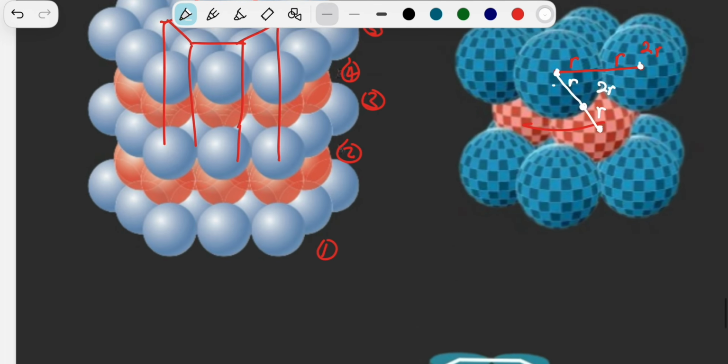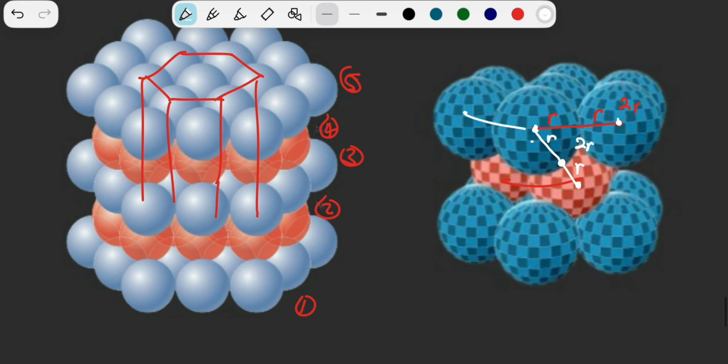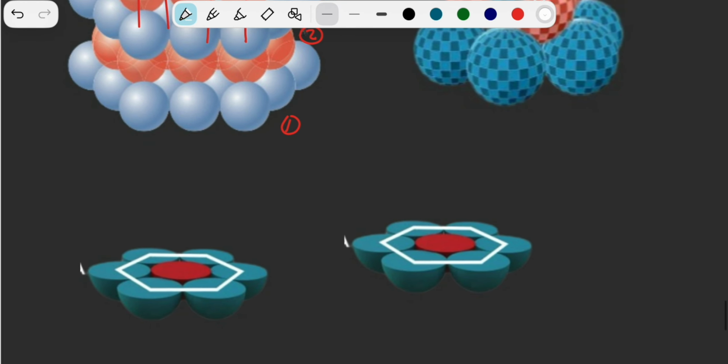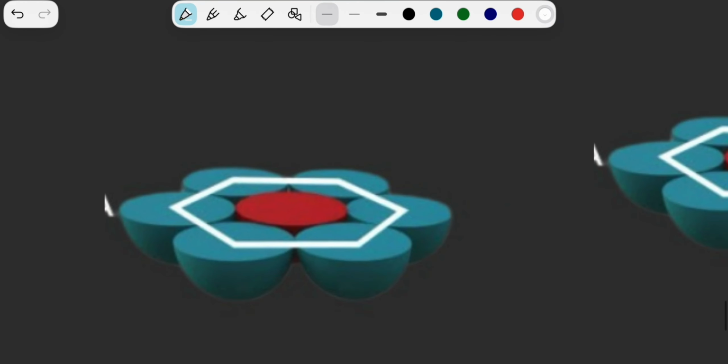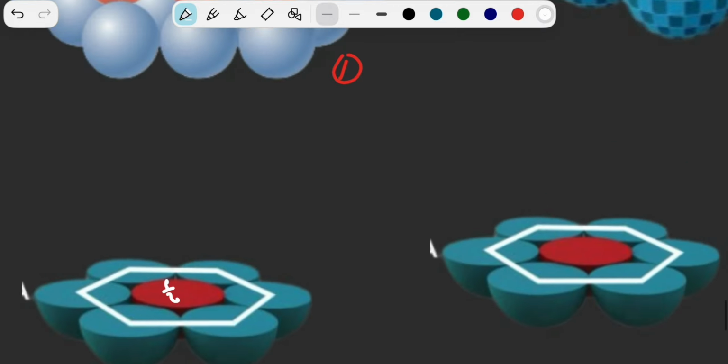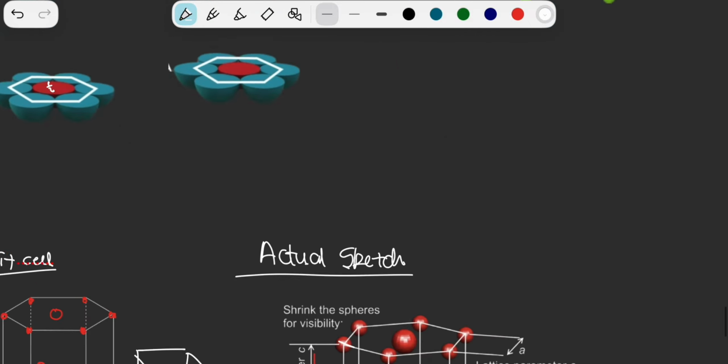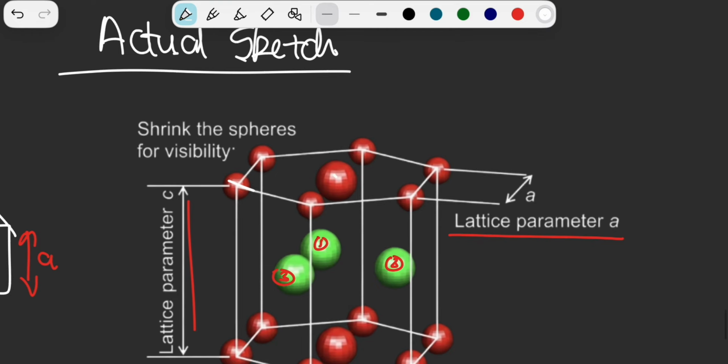If you were to slice this across that plane, you're going to be left with this. I've let the center atom be red so that it's easier to visualize. You can see that half of this center atom is going to go away, so only half is going to remain in this plane. So there's going to be three atoms in the middle, and half of this big fella that remains inside.